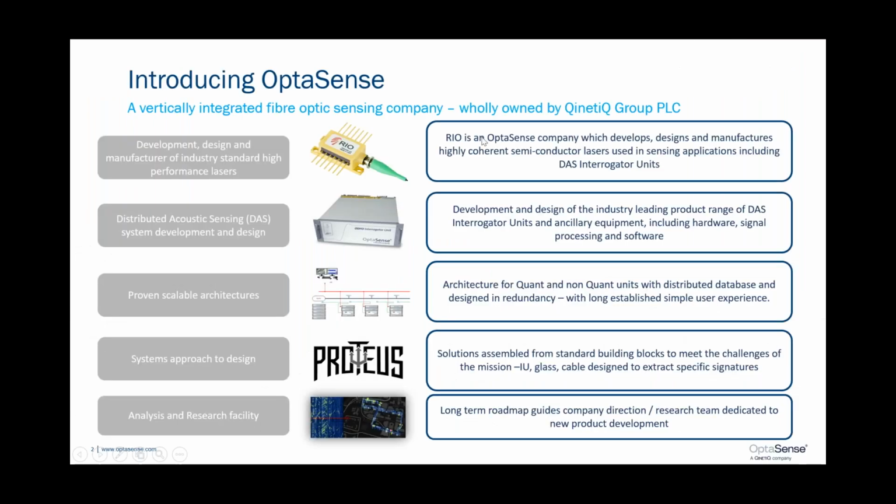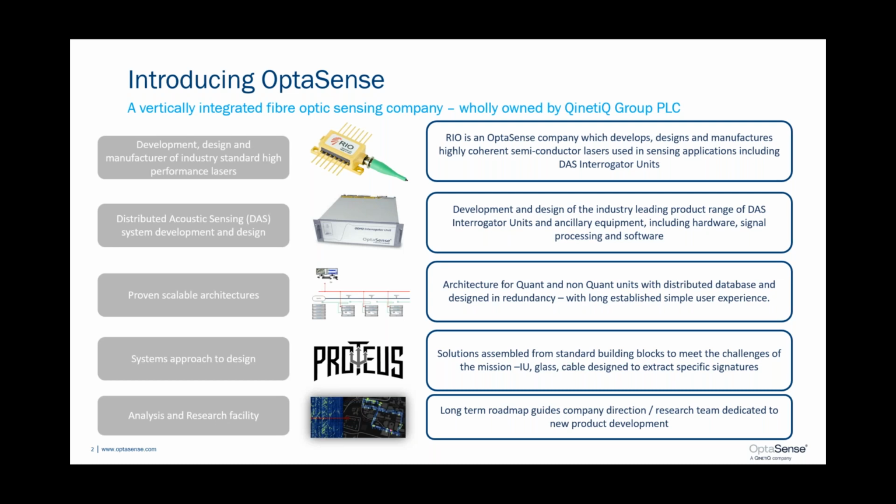So first, just a couple of words about Opta Sense. We're a large fiber optic sensing company. That's our core, that's our focus. But we are very vertically integrated, from the narrowband solid state lasers that are the heart of fiber optic sensing systems.